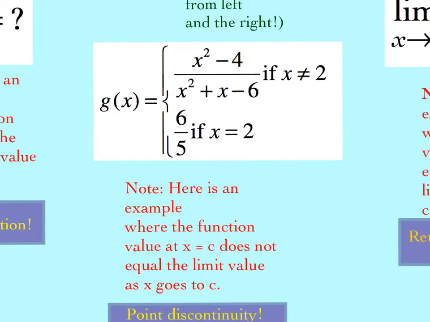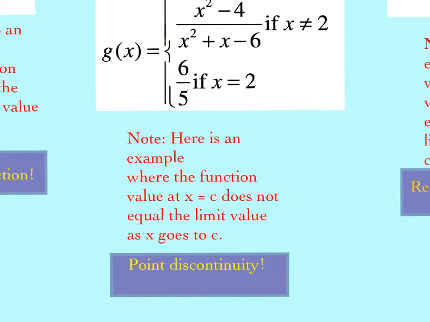In the case of this function, g of x, as x approaches 2, the limit value is not the same as the value of the function because the value of the function has been defined as 6/5. But if we were to do the algebra, factor the denominator, divide out the common factor from the numerator, we would get a different value. This is a removable discontinuity, and more specifically, a point discontinuity, which we'll discuss more in a moment.